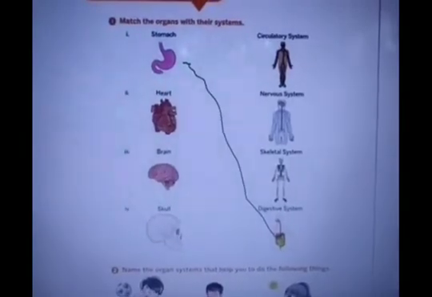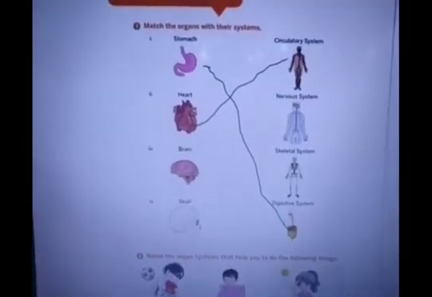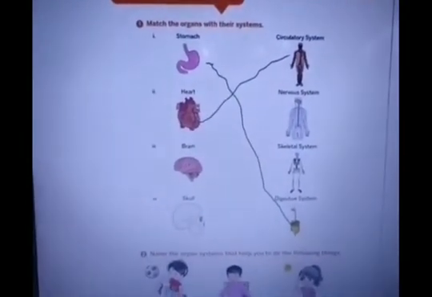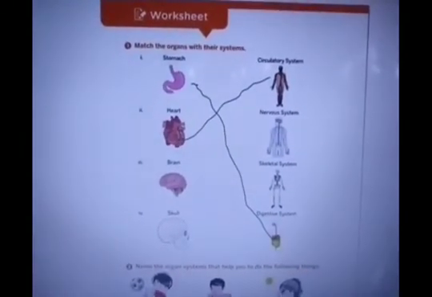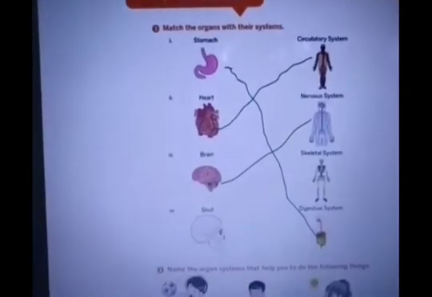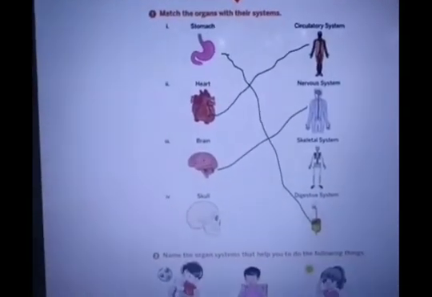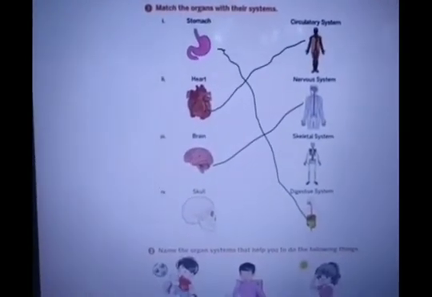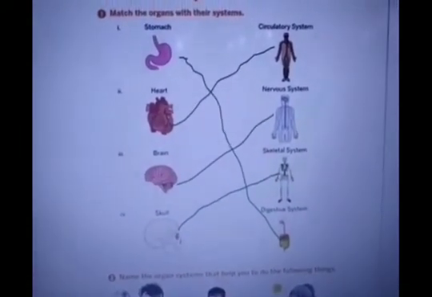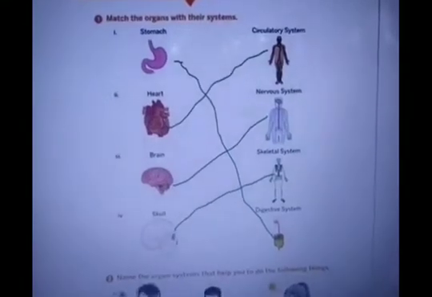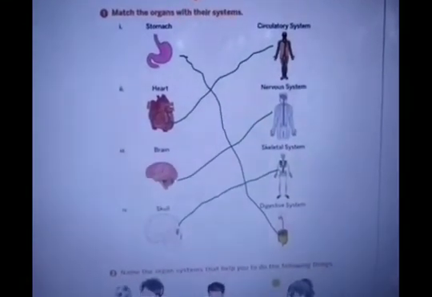Circulatory system. Brain is a part of the nervous system. So let's join. And now the last, skull. Skull is a part of the skeletal system. So here we matched all the organs with their respective systems.